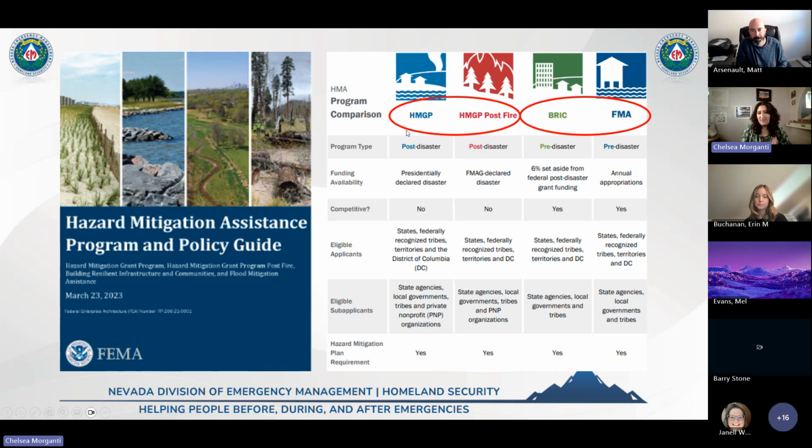But we also have in the state of Nevada HMGP post-fire funding, which is open now. The state is actively accepting applications, and we're going to get into that in the next couple of slides. Both of these pots of money are on the table, HMGP post-fire right now, and BRIC or FMA hopefully any day now with that notice of funding opportunity.